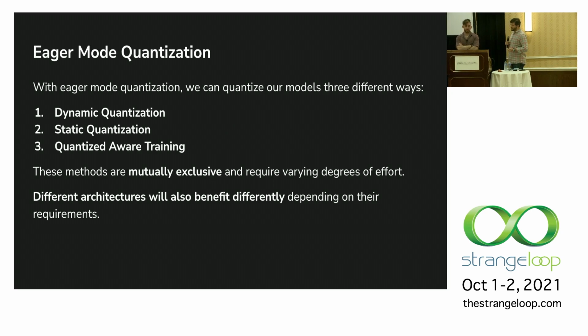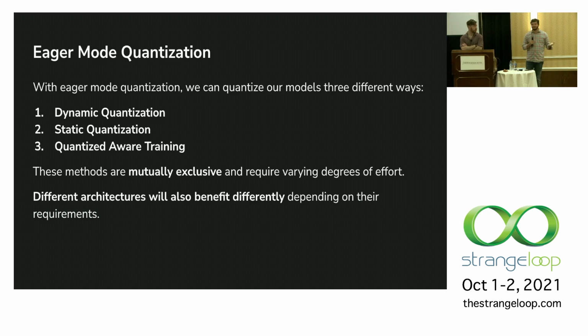So let's get into what these methods and algorithms actually are. Dynamic quantization, static quantization, and quantization aware training are the three big ones we're going to discuss today. They are sort of mutually exclusive in that you wouldn't do both dynamic and static quantization. They have different required effort from the developer.